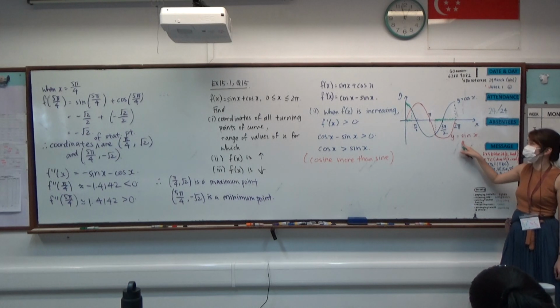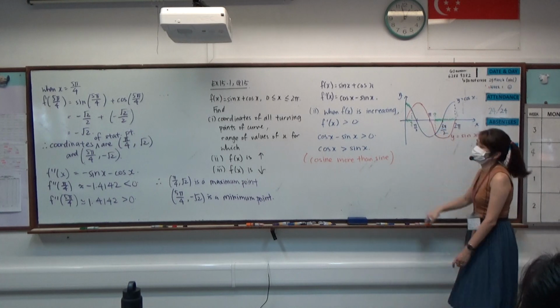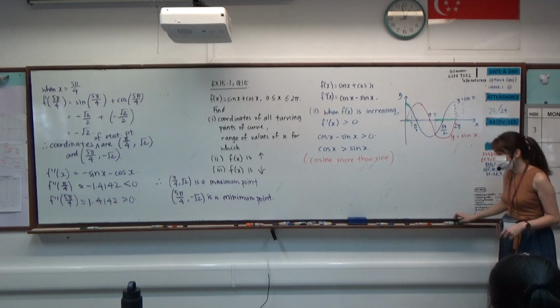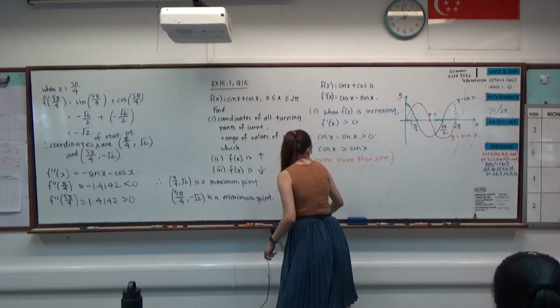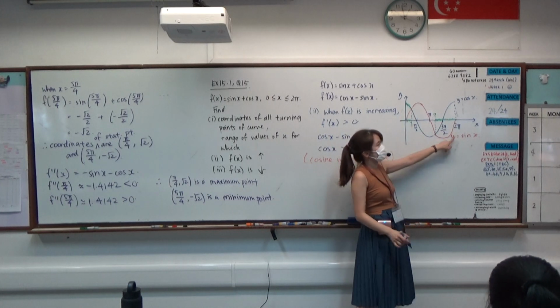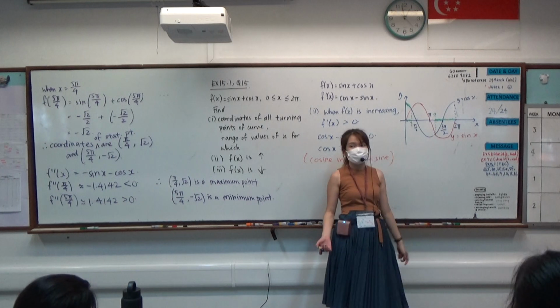Got it? So what is this number here and what is this number here? We have to go and solve. How to solve? This point is the intersection between the sine graph and the cosine graph. Likewise, this point is the intersection between sine and cosine.